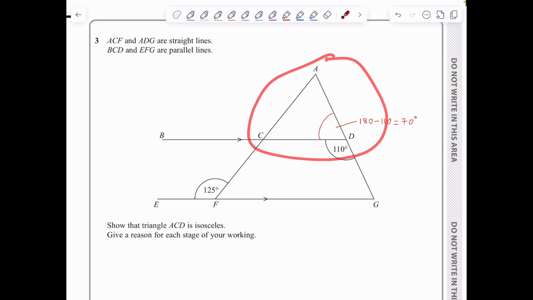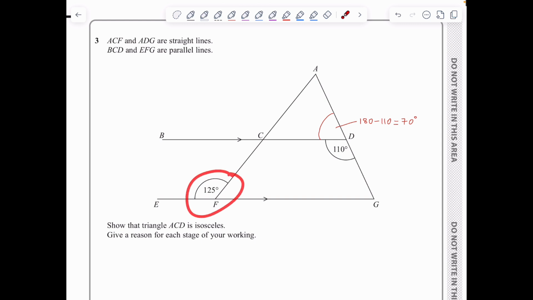So the plan is to go through the angles, first of all, to establish that I've got 2 angles that are of the same size, and then I'm going to go back and add the reasons. Now, from the 125 here, I can see that the angle CFG is going to be 180 minus 125, which gives an answer of 55 degrees.